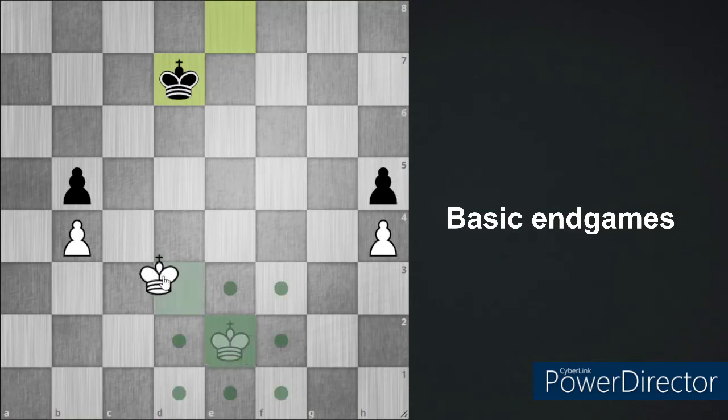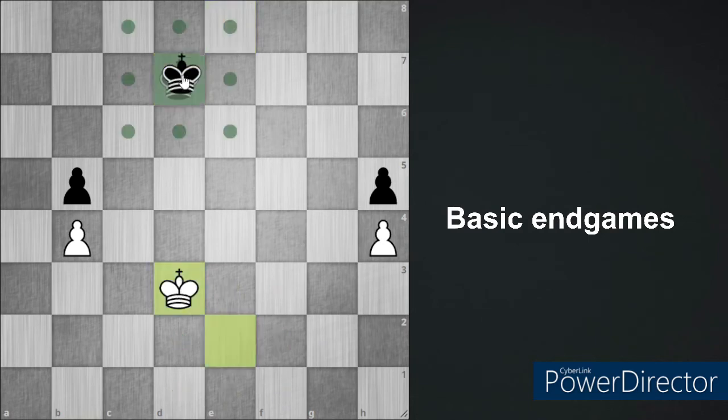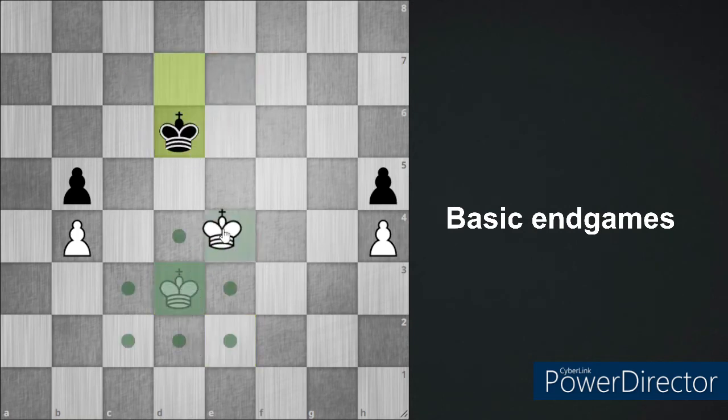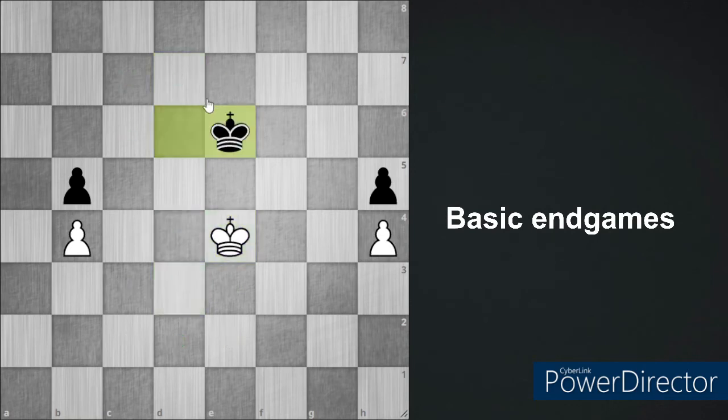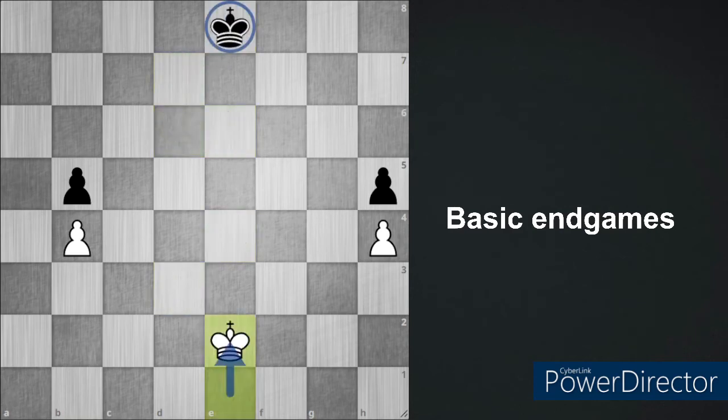and you can't immediately move the king to d3, because after he moves, for example, king e6, and you move the king, for example over here, now he gets the opposition. So remember, after king e2, he gets tricky.